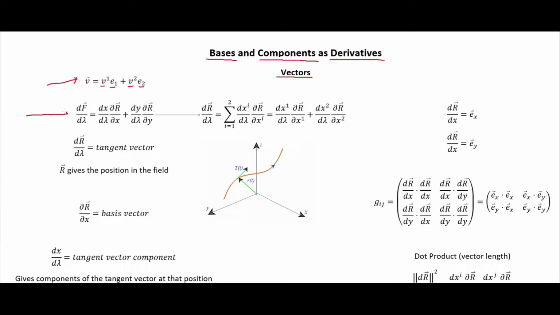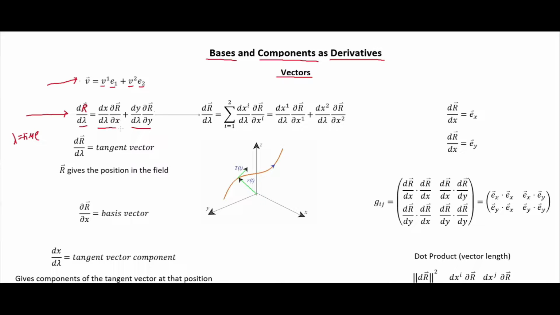But we can also represent it like this, and this F should actually be an R, as I have it everywhere else. So it's dr d lambda, where lambda is the parameterization. The parameterization is usually thought of as maybe time, for instance. And so this is a linear combination of the chain rule, essentially.